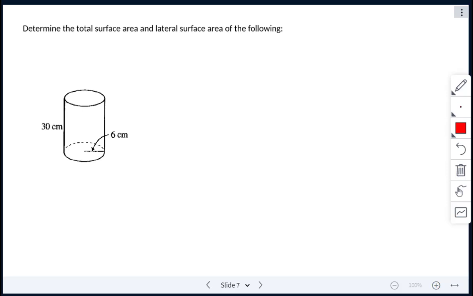Okay, so let's take a look at this example. We have to find the total surface area of this cylinder as well as the lateral surface area. All right, so total surface area.